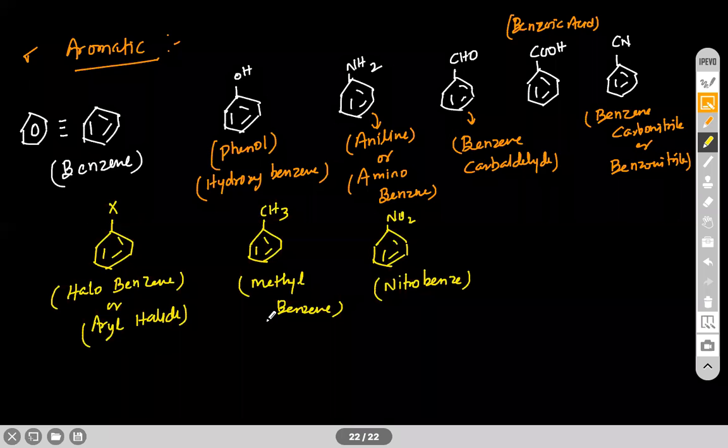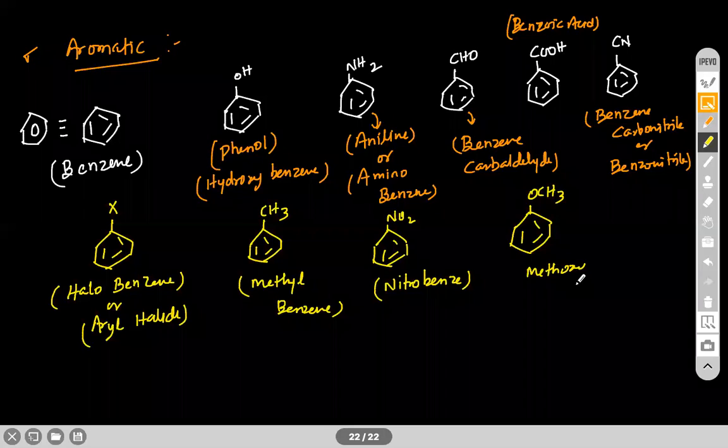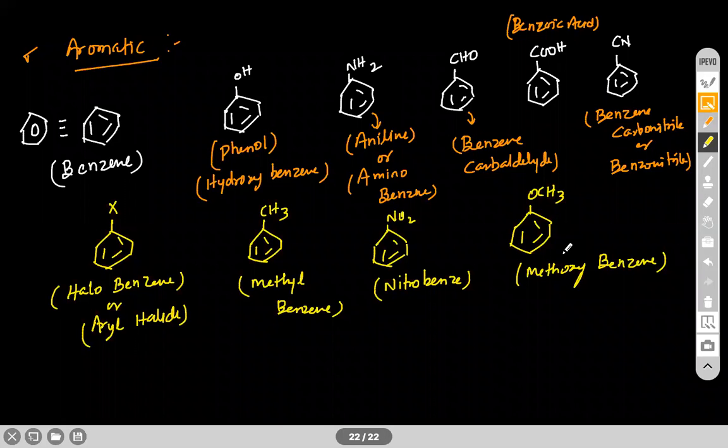One more. On the ring, if you have OCH3 attached, OCH3 is methoxy group. It is methoxybenzene. Right? So all these groups we have discussed are directly attached on the ring.